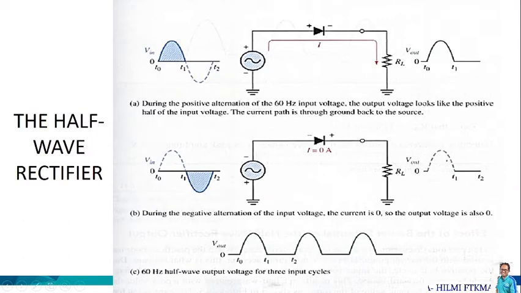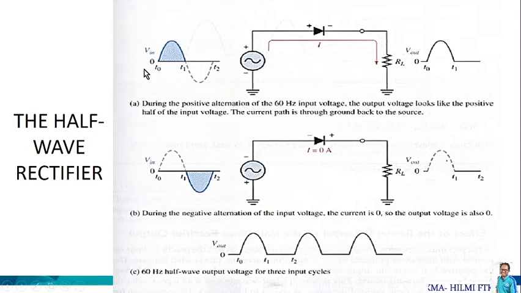Okay, so half wave rectifier. When a diode is connected to an AC source and to a load resistor RL, a half wave rectifier is formed. If we look at the input, it is sinusoidal AC.